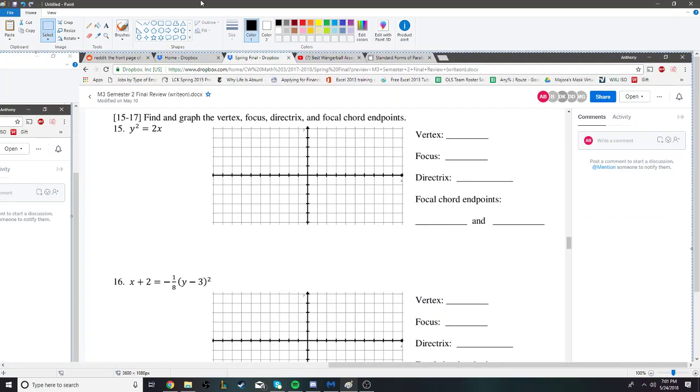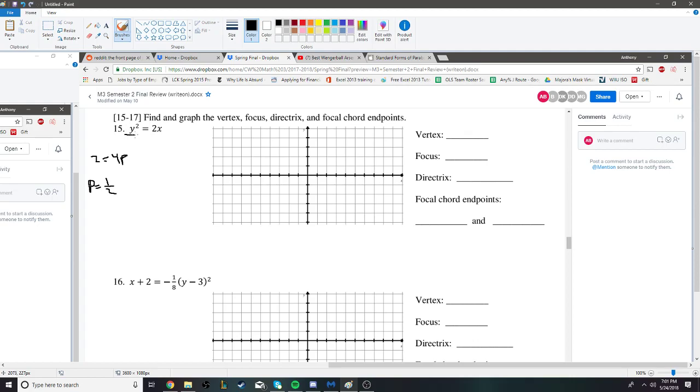Okay, find graph, focal endpoints, all that good stuff. So y squared equals 2x, which means we have 2 is equal to 4p, which means p is equal to 1/2. The vertex is at 0, 0.